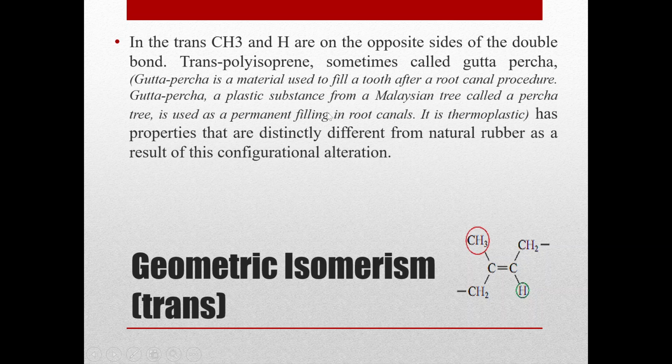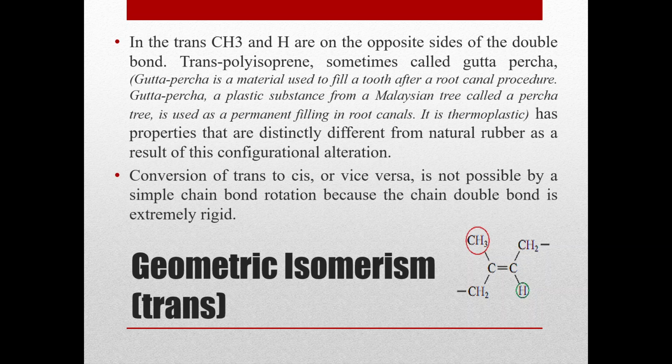Gutta percha is a material used to fill a tooth after a root canal procedure. It is a plastic substance from a Malaysian tree called the percha tree, and is used as a permanent filling in root canals. This polymer is thermoplastic in nature, and it's a natural polymer. Conversion of trans to cis or vice versa is not possible by a simple chain bond rotation.